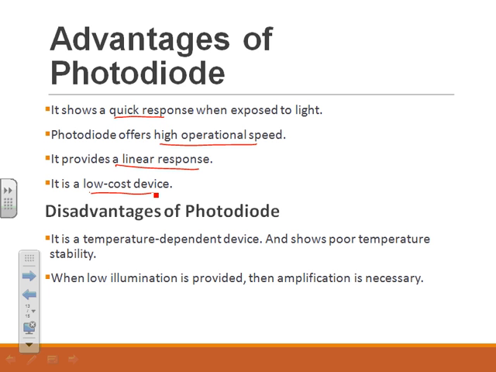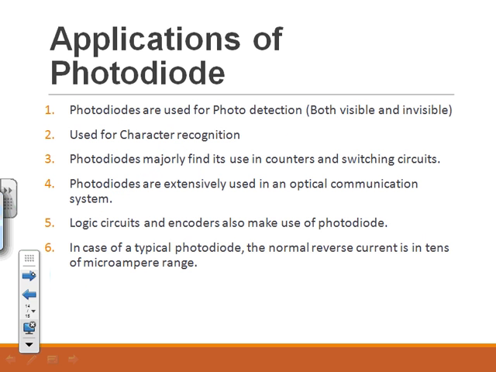And when low luminance is provided, amplification is necessary. That means when there is low luminance, a small current flows through the device, and in order to measure that luminance, we require some amplification. So these are the advantages and disadvantages of the photodiode.